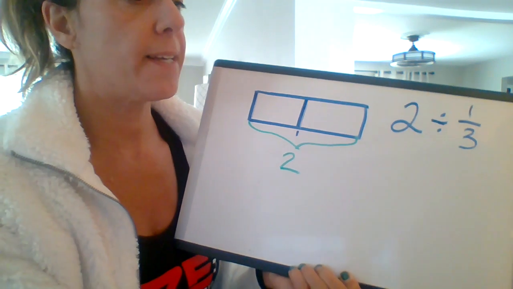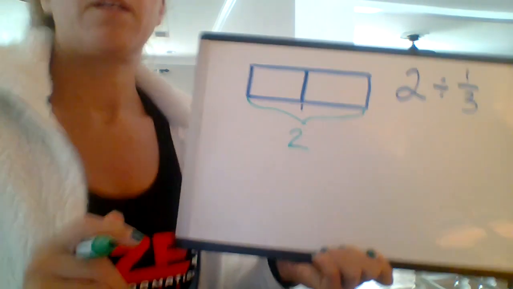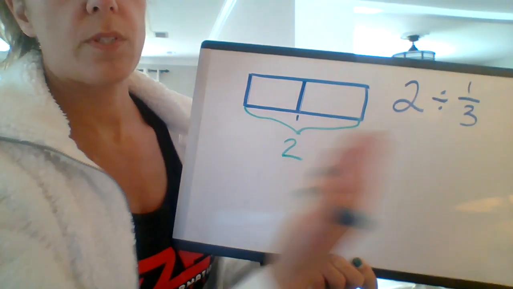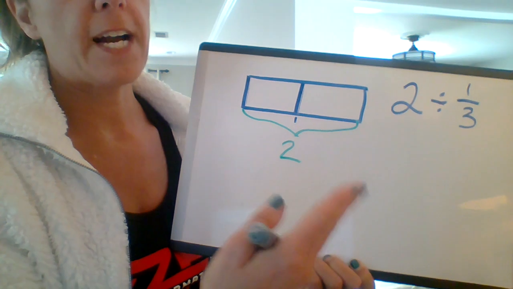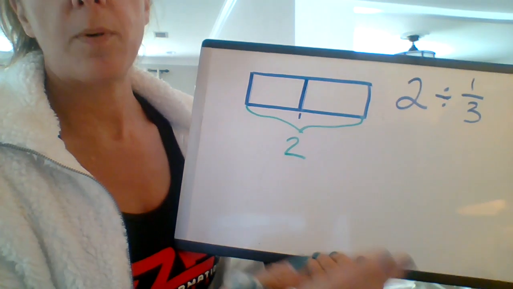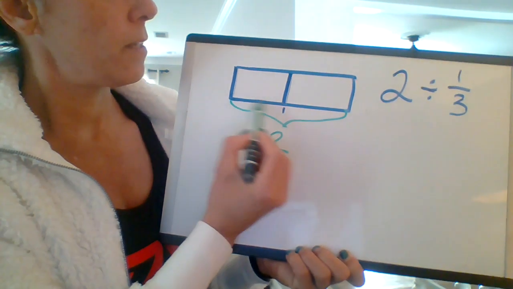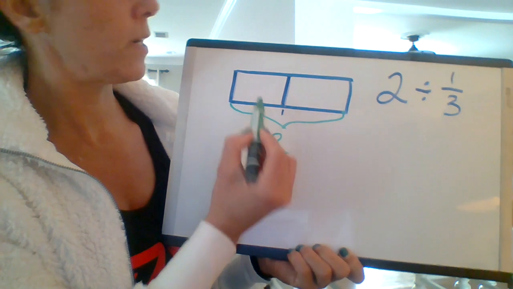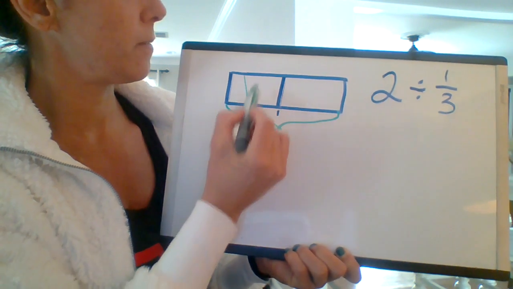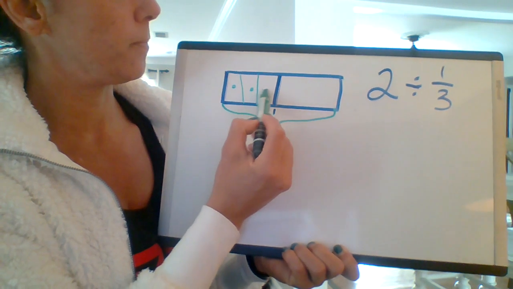Okay, let's pretend now that I want to take my 2 subs and I want to divide them into thirds. How many people could I then feed? Well, if I take this sub, my first one, and I divide it into thirds, I could feed 3 people.